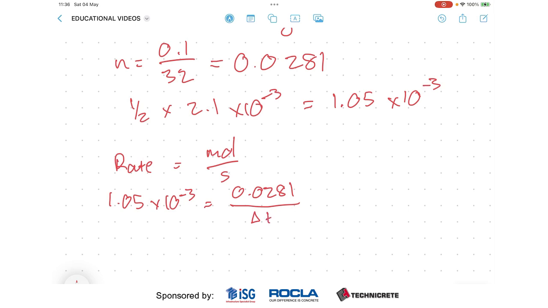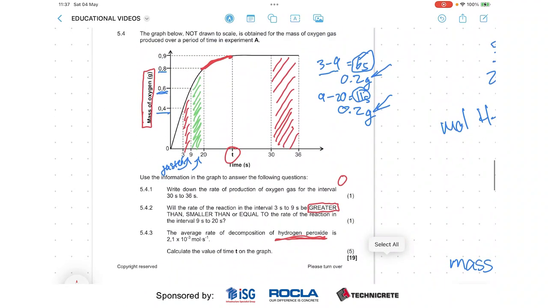So calculating for this, delta t would be 0.0281 divided by 1.05 times 10 to the minus 3. And this gives us 26.76 seconds, I guess. So that's what t would be.